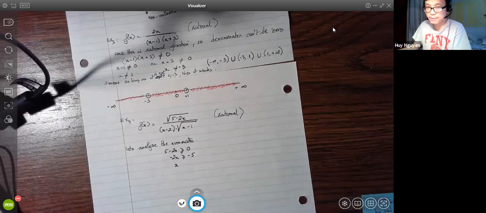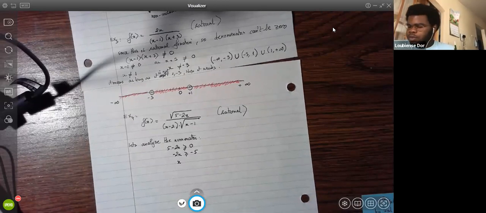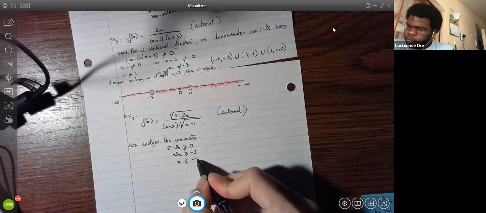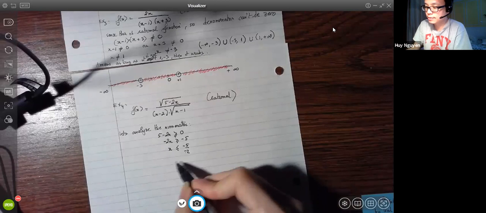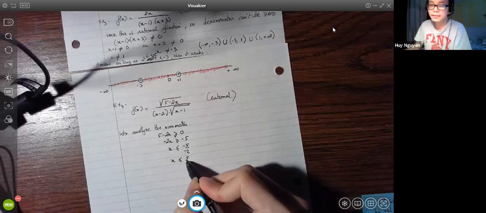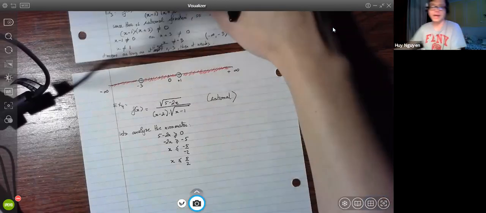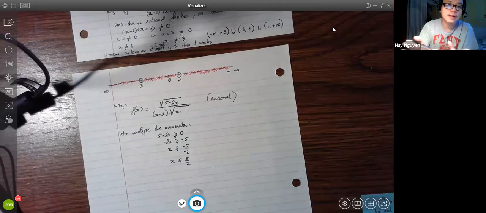But when you divide by a negative number, do you know what happens? You flip the sign. So negative divided by negative is positive. Okay, so we just finished the top, just the top.